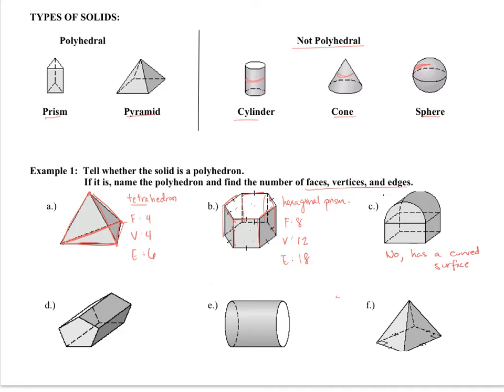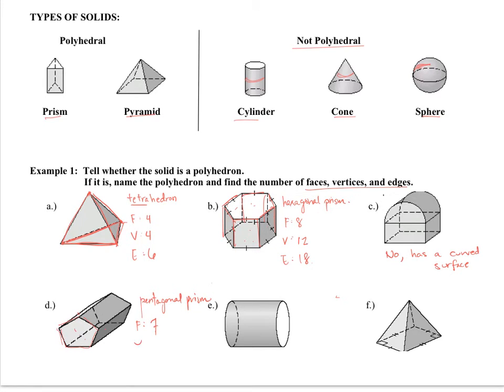Part D, the base is a pentagon, so we call this a pentagonal prism. The number of faces would be 1, 2, 3, 4, 5, 6, 7.